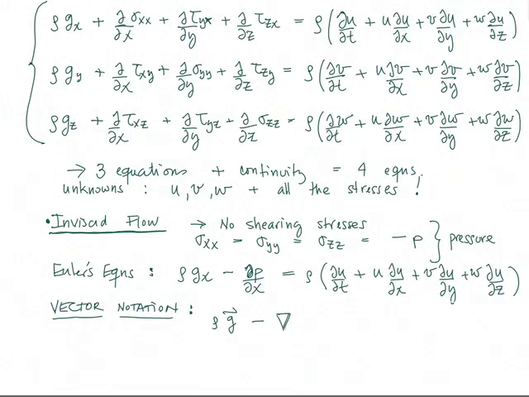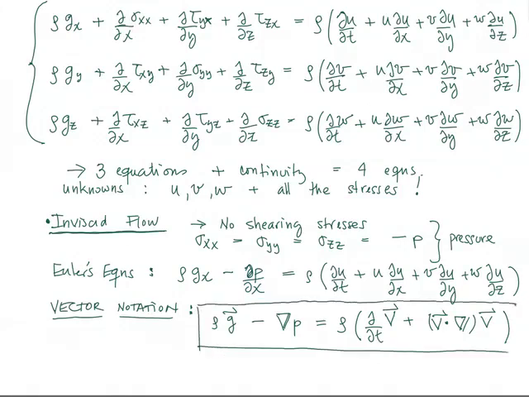So we have basically the gradient of pressure, and that is going to be equal to rho times d dt of the whole velocity, the unsteady term, plus the convective acceleration term, velocity dot product with the gradient operator, multiplied by the velocity again. So this is our Euler equation in vector notation.